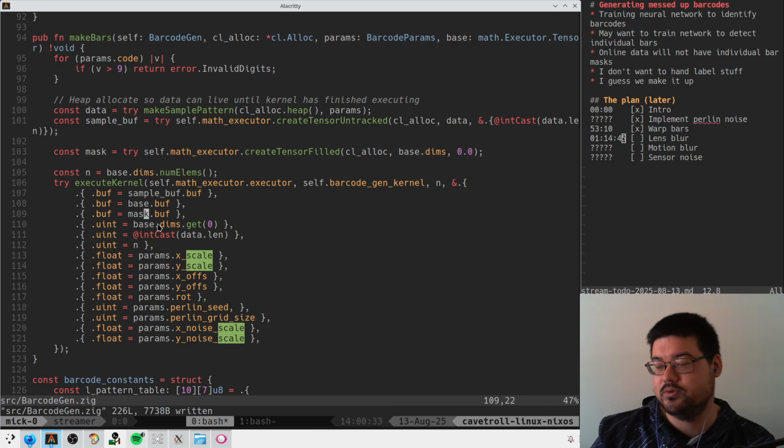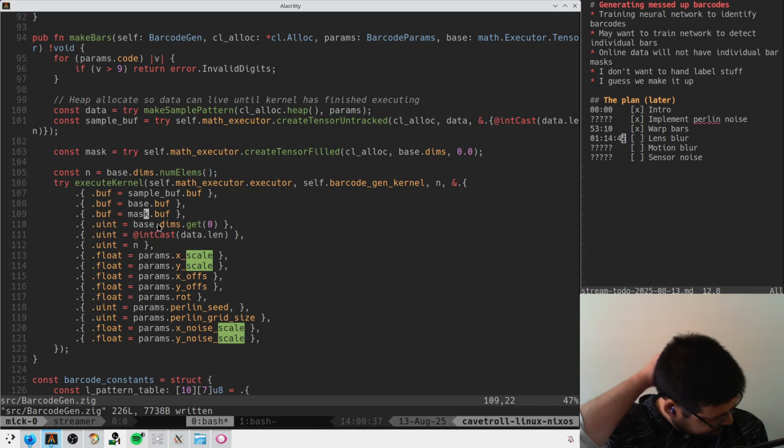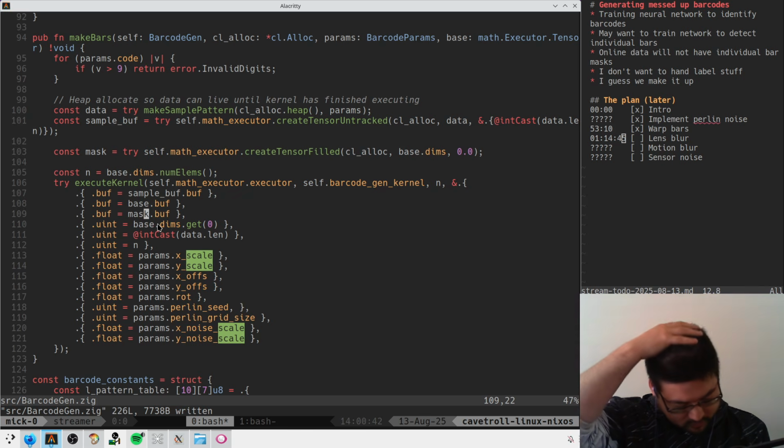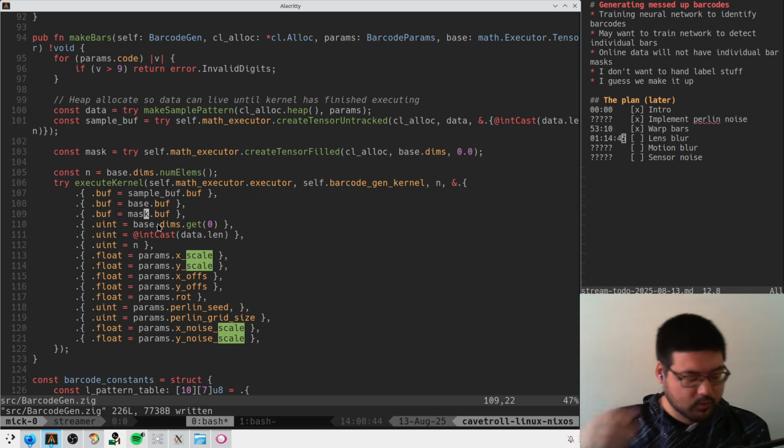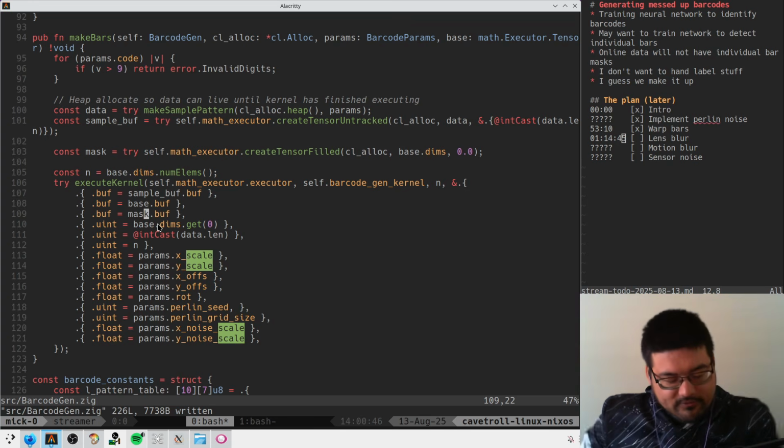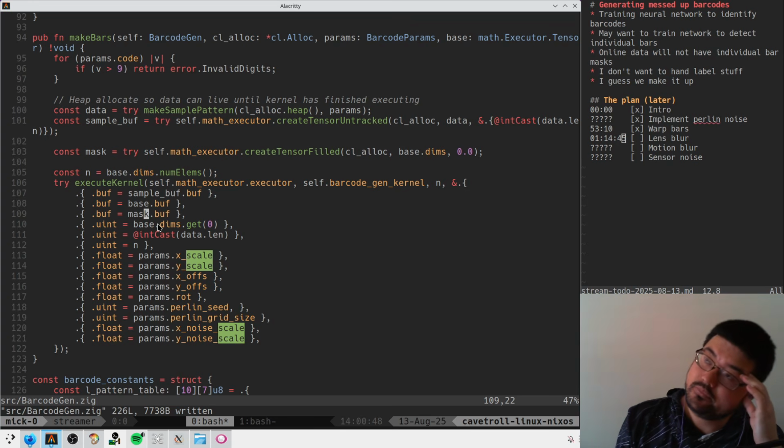Couldn't you just use the translation rotation scale to figure out where to blur instead of using a mask buffer? Probably, right? But the mask is going to be useful anyways for neural network training. We're going to need the mask for barcode isolation, so I kind of figured it's the same.